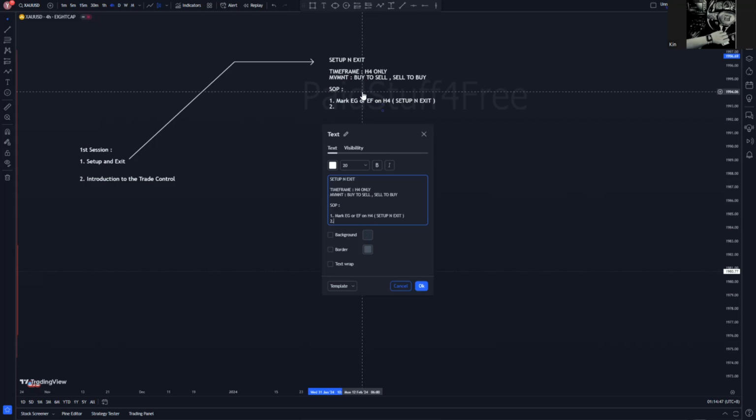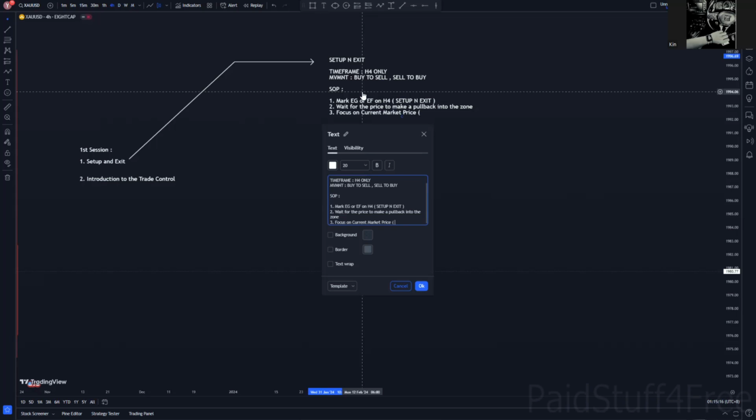The second one is we need to wait for the price to make a pullback into the zone. Which zone are we talking about right now? The zone that we've already marked on the H4 just now. After the price makes a pullback into the zone, the third one is we need to focus on the current market price.